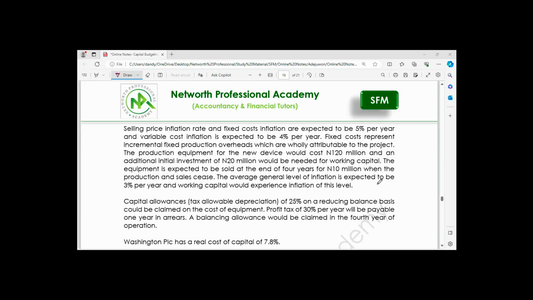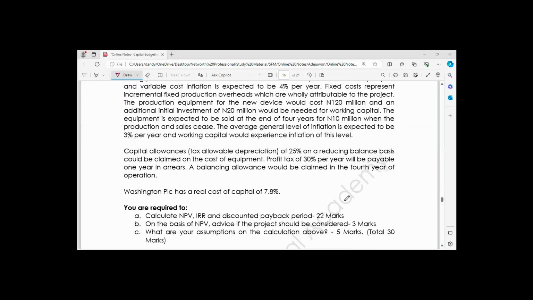Capital allowances, tax allowable depreciation of 25% on a reducing balance basis, will be claimed on the cost of equipment. Profit tax of 30% per year will be payable 1 year in arrears. The balancing allowance will be claimed in the 4th year of operation. Washington PLC has a real cost of capital of 7.8%.